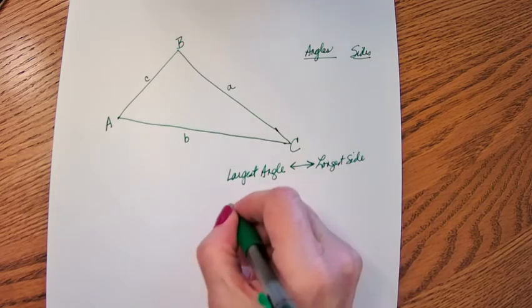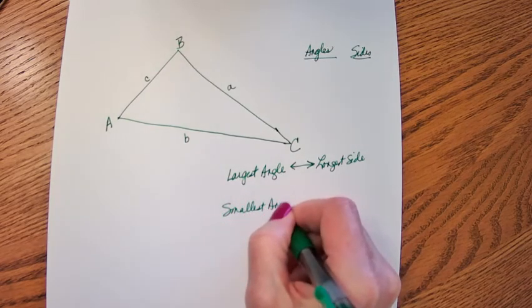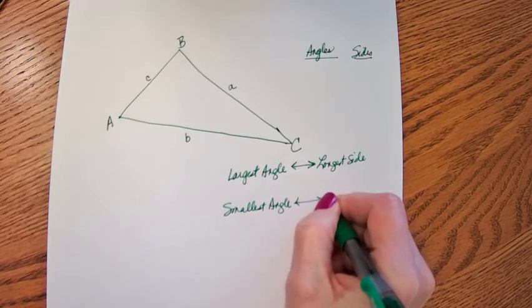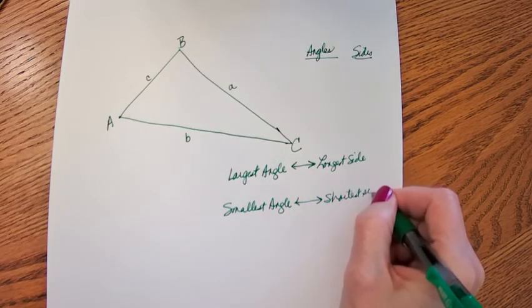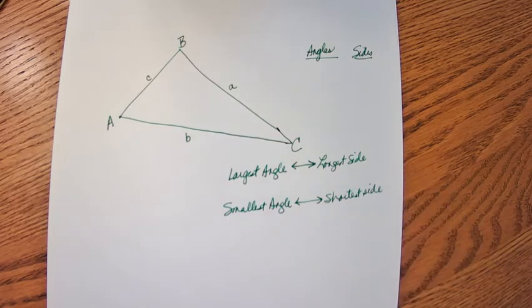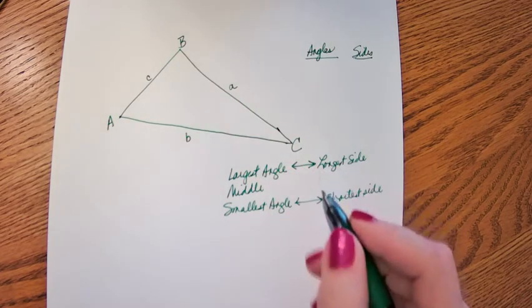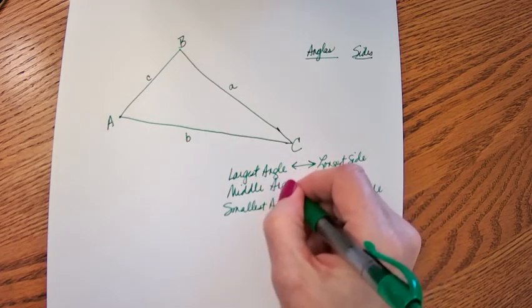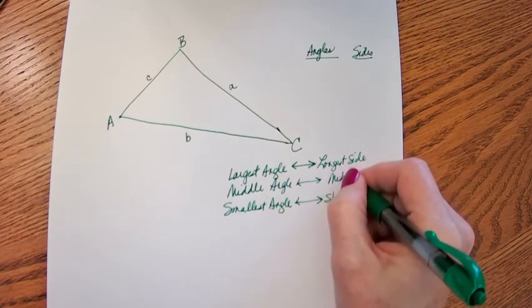You know what? The smallest angle is always opposite the shortest side. Which leaves the middle angle, the one that's not the largest, it's not the smallest. The middle angle is always opposite the middle side.